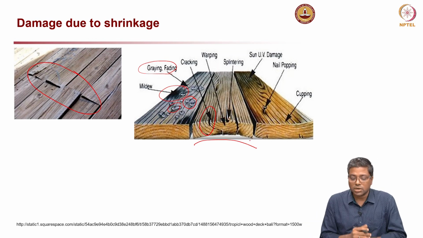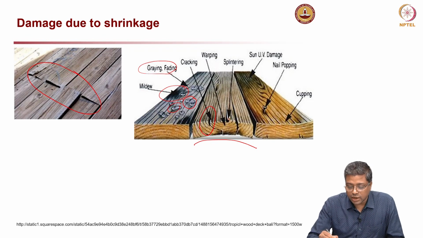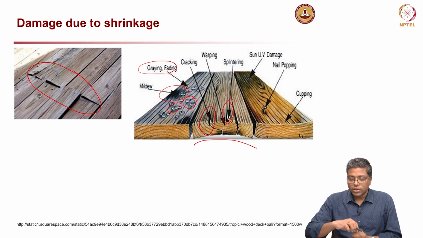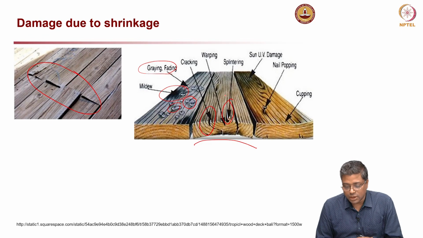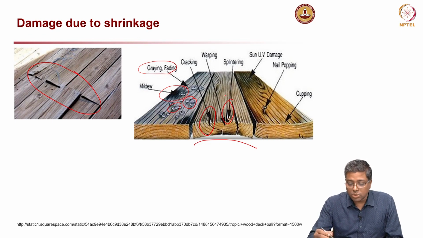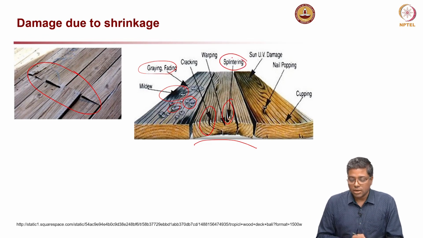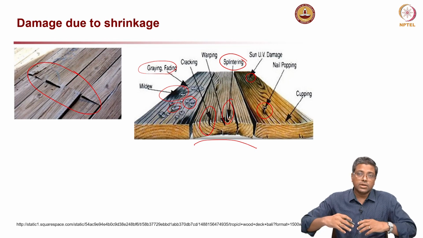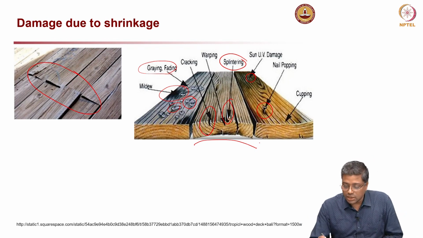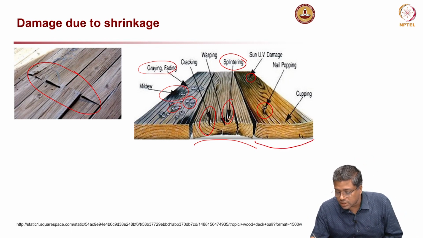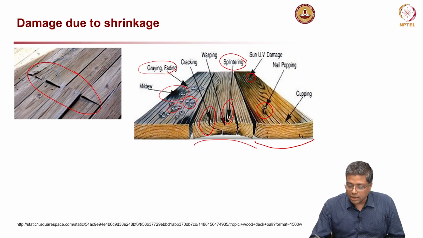The center portion lifts up, and you can see splintering here. Small grains can come out, which we call splintering, and UV damage is also sometimes possible. You can see slight warping in the other direction here, and then cracking here.